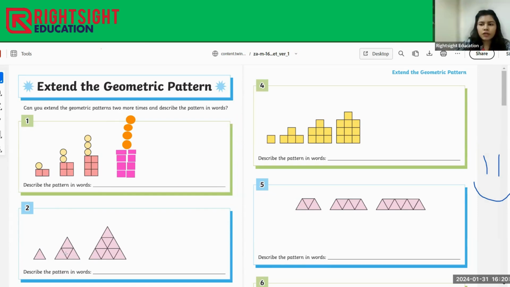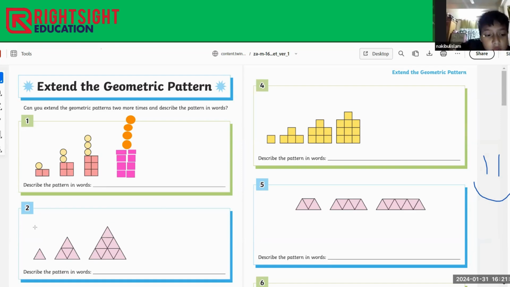So 4 minus 3. How many triangles have been added in the second pattern? 4.